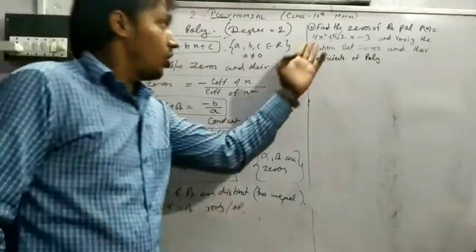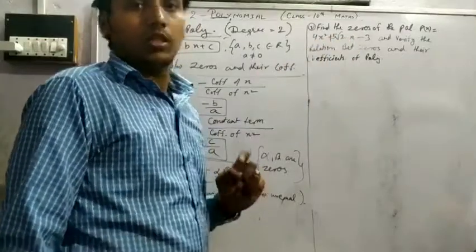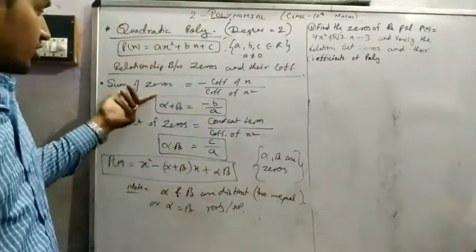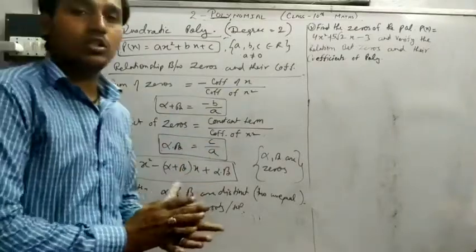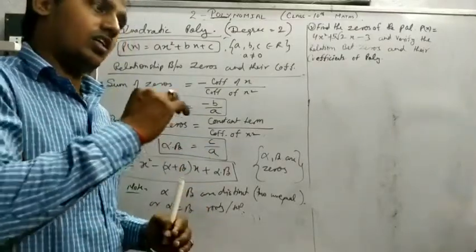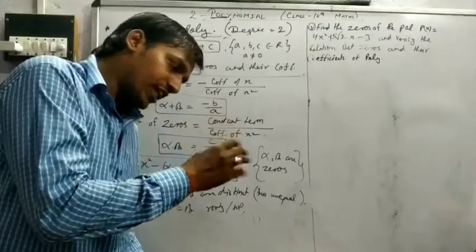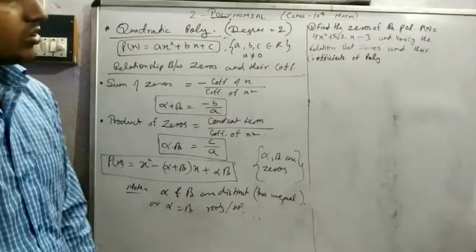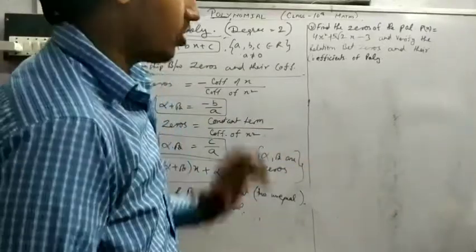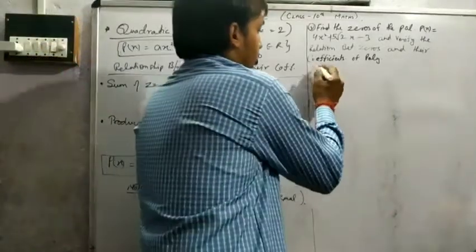First, how we solve the roots problem. Second, how we find the relationship between zeros and their coefficients. It's a very important question. If I say out of 10 years, at least 6 years it comes in the examination: find the relationship between the zeros and their coefficients. So see the solution.